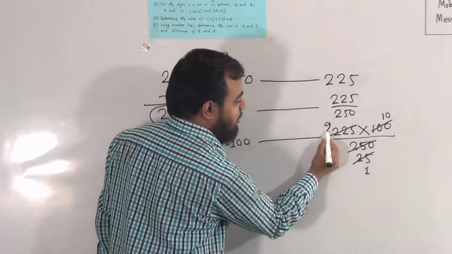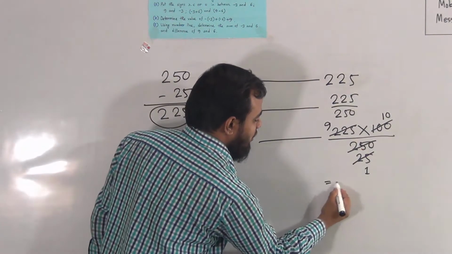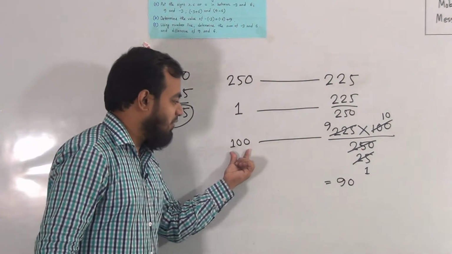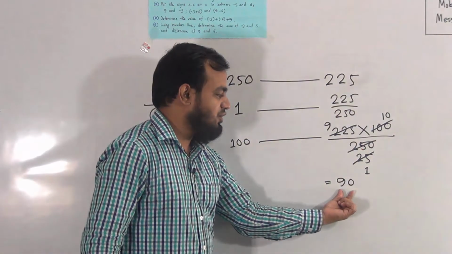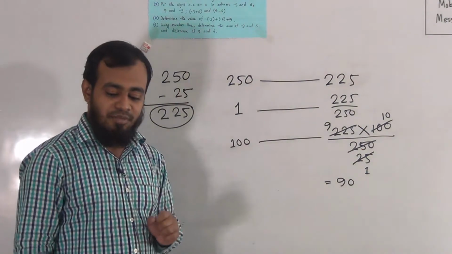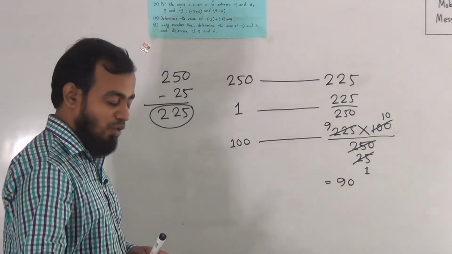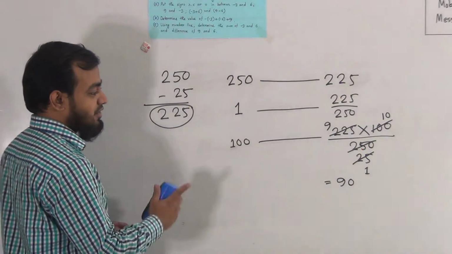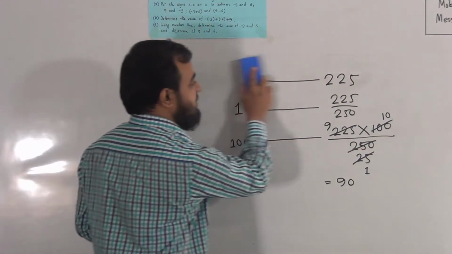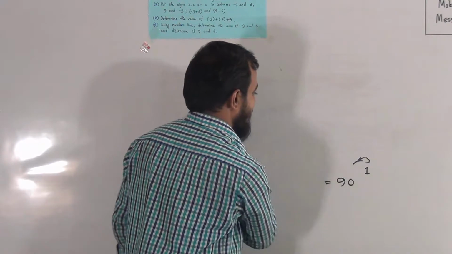So now it's a simple multiplication. 9 multiplied by 10 is equal to 90. That means out of 100 mangoes, 90 mangoes are quite good. That's why we can write 90% of mangoes remain quite good now. Our answer should be 90%. Dear students, I think you have understood.